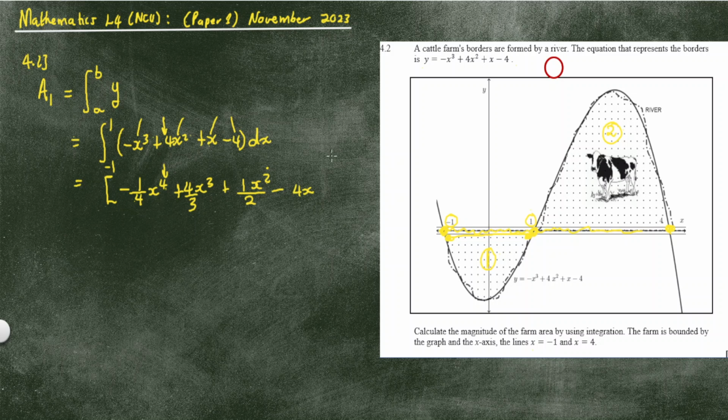So when dealing with areas under curves, you don't necessarily need to substitute, right? And then we're going to substitute between 1 and minus 1.